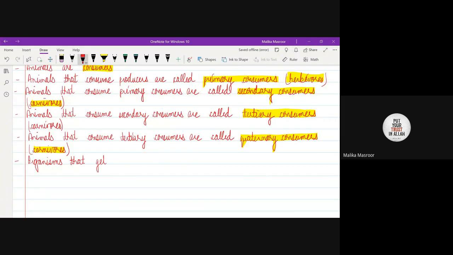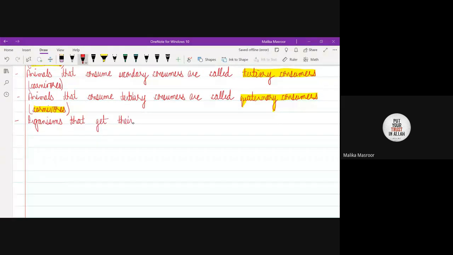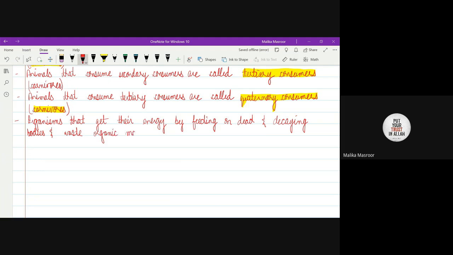That get their energy by feeding on dead and decaying bodies and waste organic material from plants and animals are called decomposers.